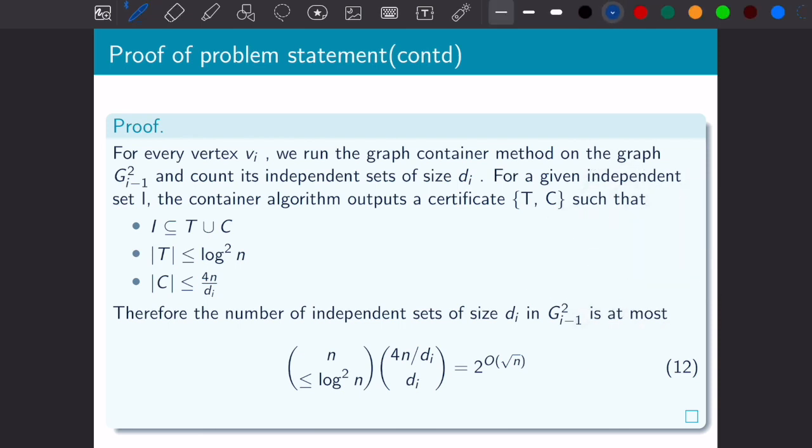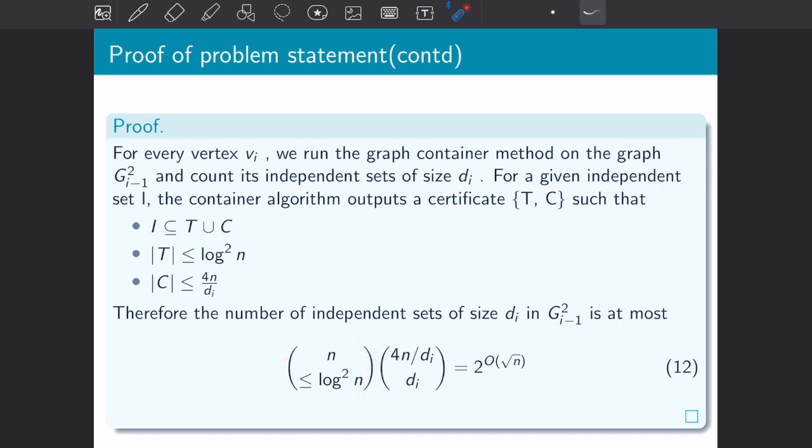There are two parts over here. One is this and another is this. This part is formed by the number of ways in which we can select our certificate, and choose the cardinality of the certificate, which is this value.